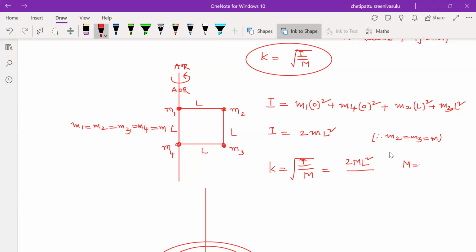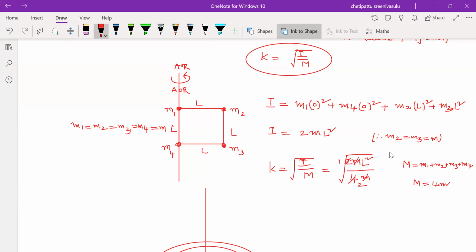Capital M equals m1 plus m2 plus m3 plus m4, which is 4m. Take the square root, m and m get cancelled, 2 one time, 2 two times.